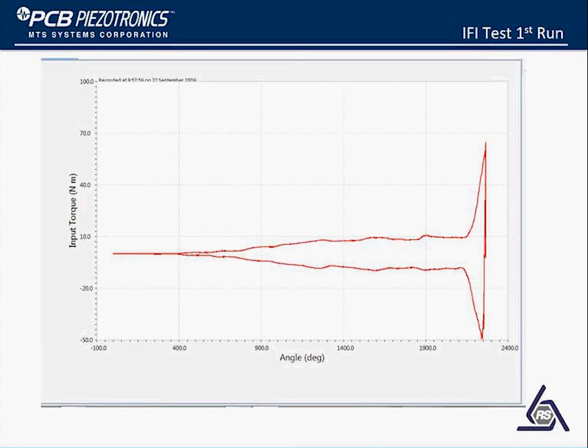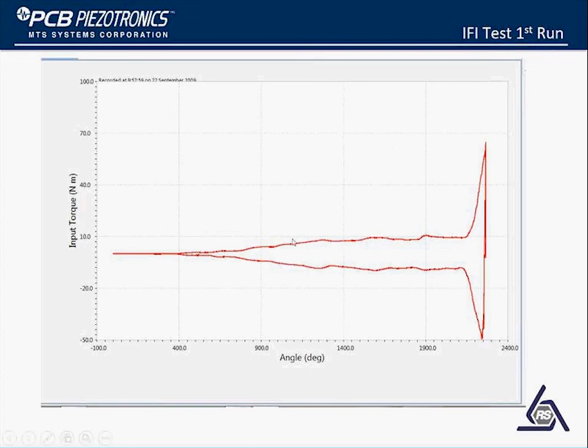We then remove the nut, so we go in the counterclockwise direction, and we end up with this negative torque value that kind of mirrors what we had in the tightening process, and continue on until we return to the home position.